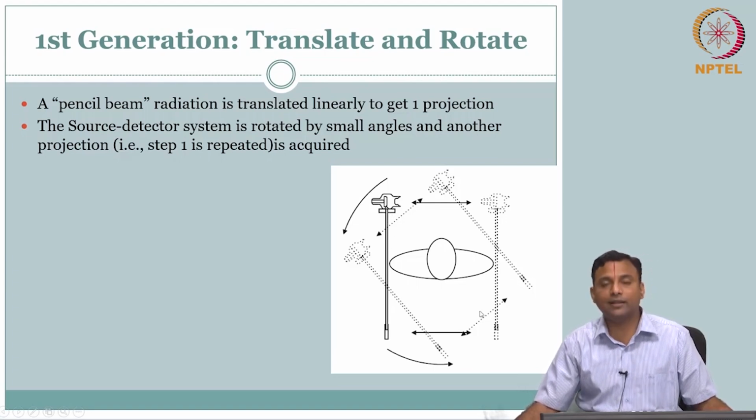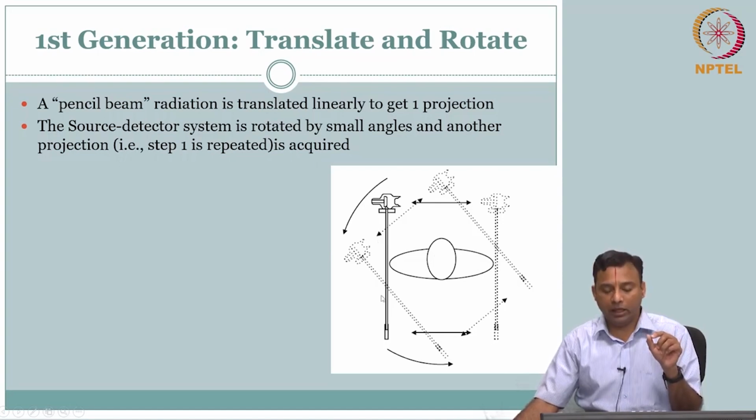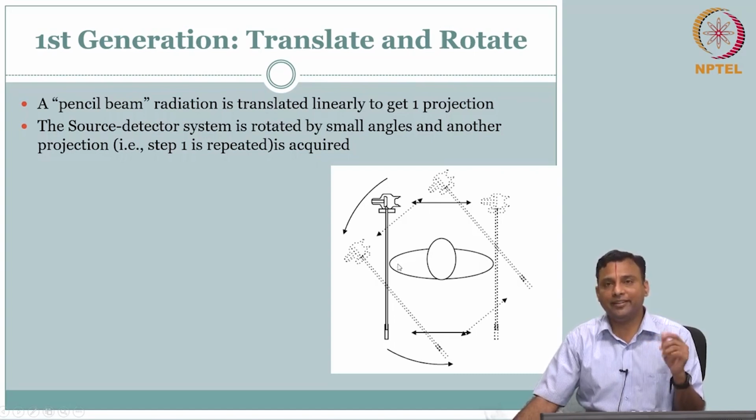If I translate, depending on my step size and view step size, I go through smaller locations and still get data. From the detector's point of view, I am sending only along the line, which is so narrow that I do not really have to bother about Compton scattering, because even if it scatters, you have only one beam.